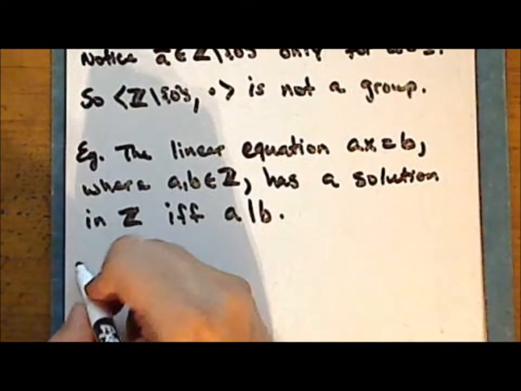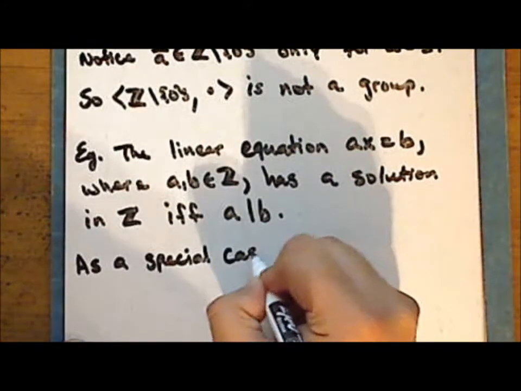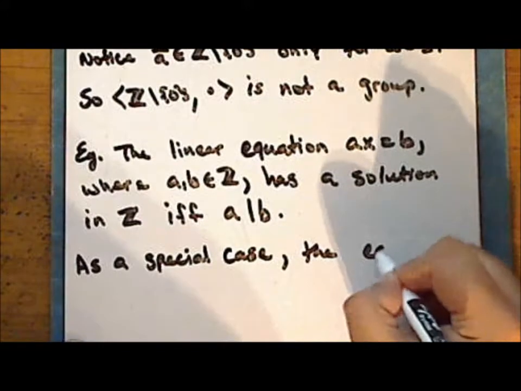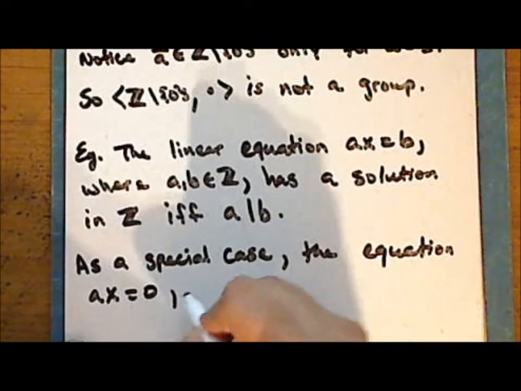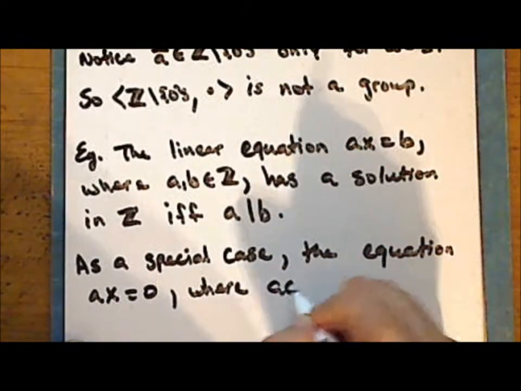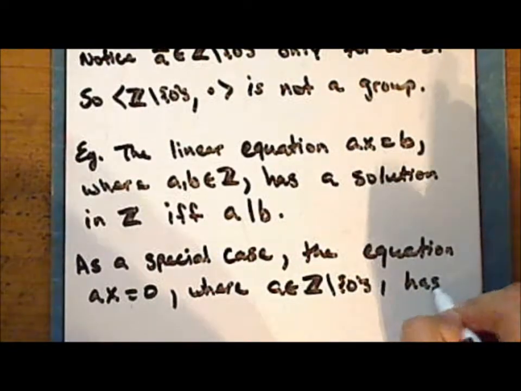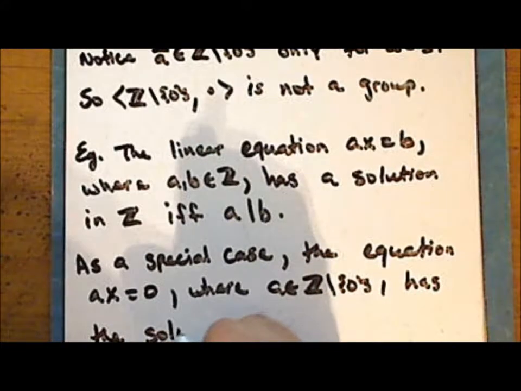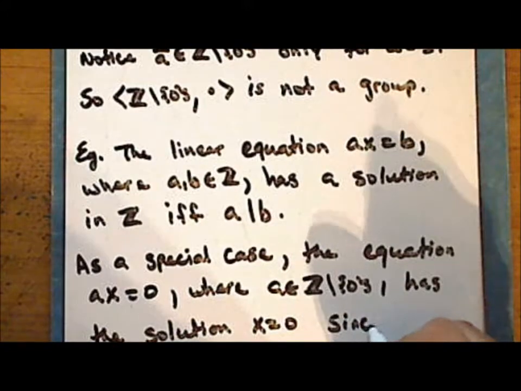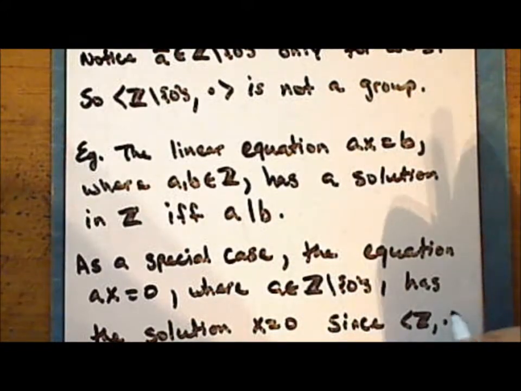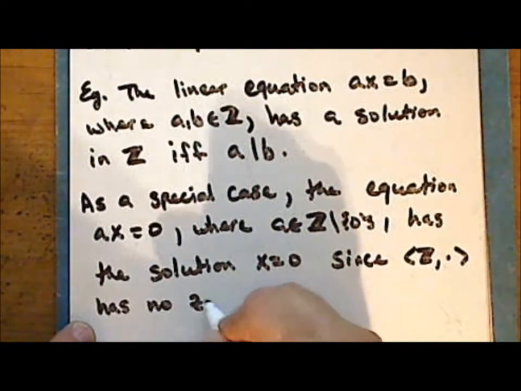So as a special case, the equation a times x equals 0, where a is a non-zero integer, has the solution x equals 0, since the integers under multiplication has no zero divisors.